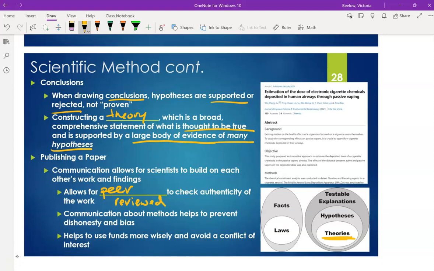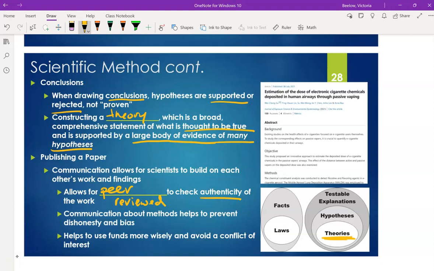And again, peer review. Basically, this is when someone's work has been authenticated or checked by someone else. So one scientist has done an experiment and got certain results. Another scientist did the same experiment and they got similar results. That's supporting the original scientist's hypothesis.